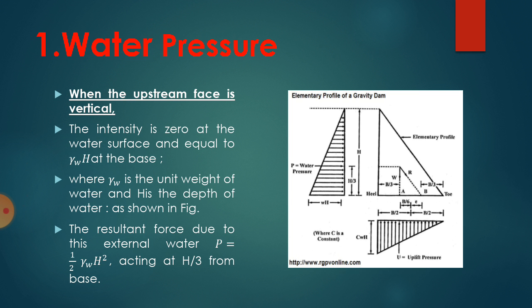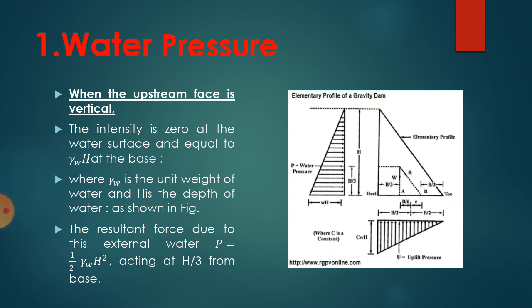It can be calculated by the law of hydrostatic pressure distribution, which is triangular in shape, as shown in the figure. Now there will be two cases. The first case is when the upstream face is vertical. In the figure you can see the upstream face of the gravity dam is vertical.